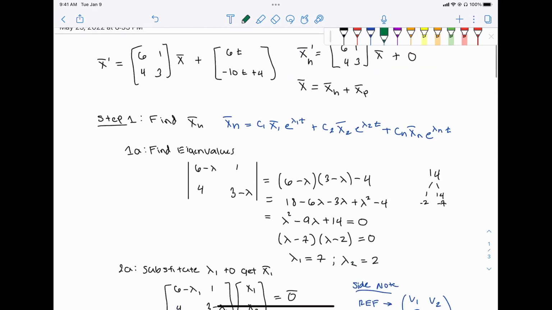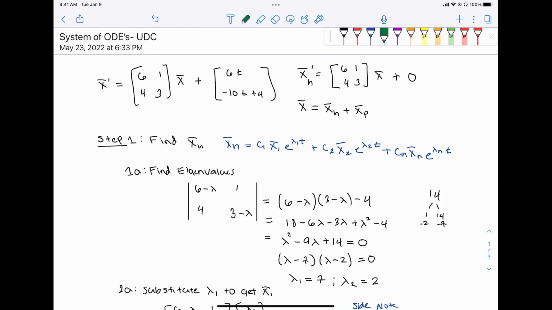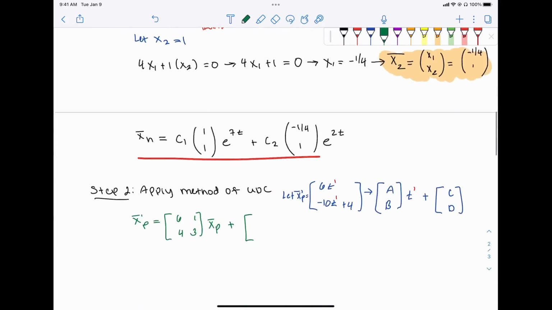These don't change. We're always going to leave the non-homogeneous term in our particular solution whenever we're trying to form it.